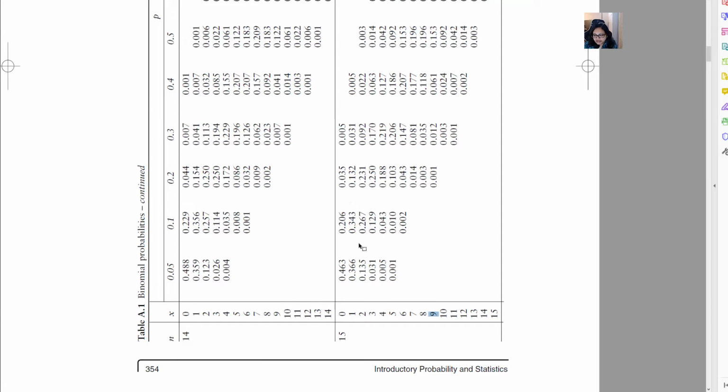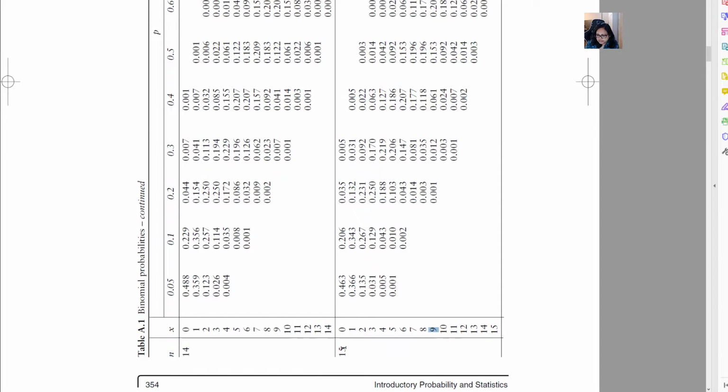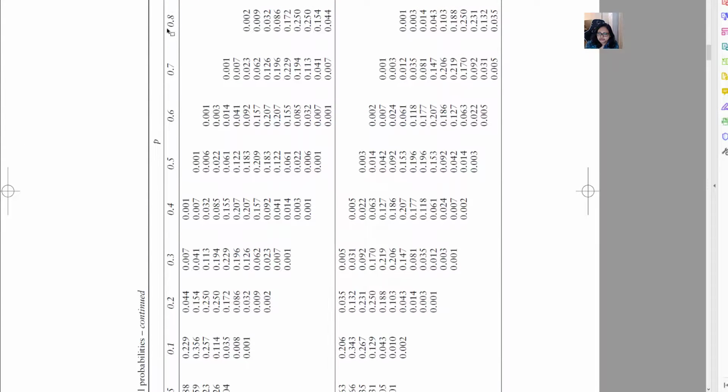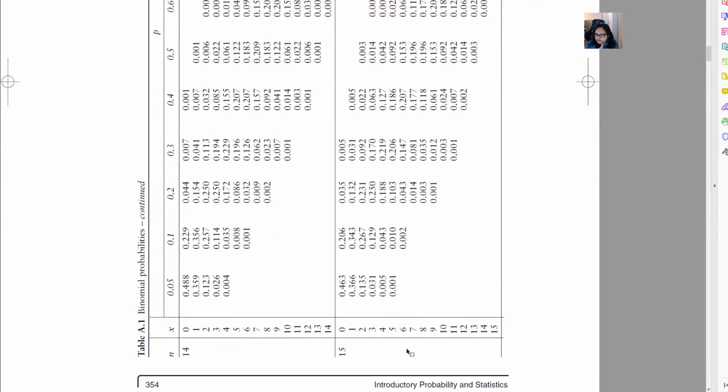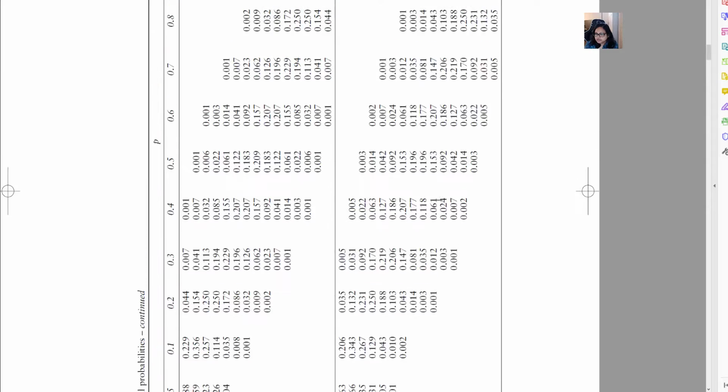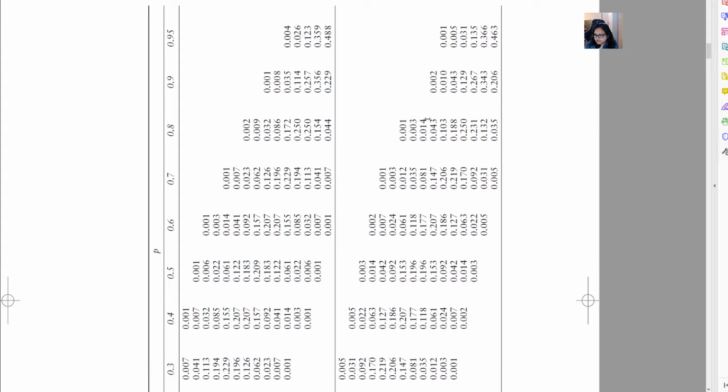So you need to find where we have the sample size 15 we used, and then the proportion we are using is 0.8. For the level of significance for 15, we are going to use 0.05. Since 0.05 is not there, the closest one is 0.40, that's what we will use.